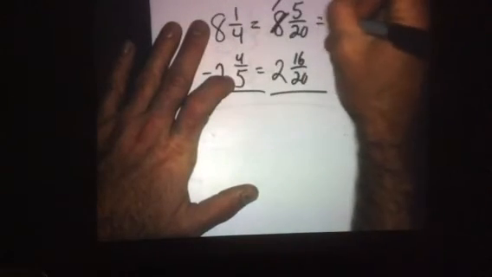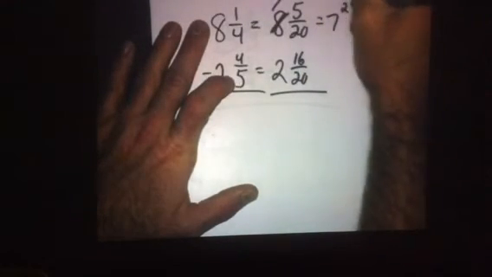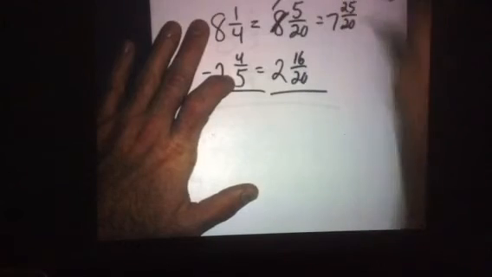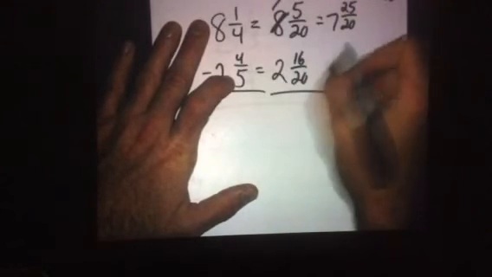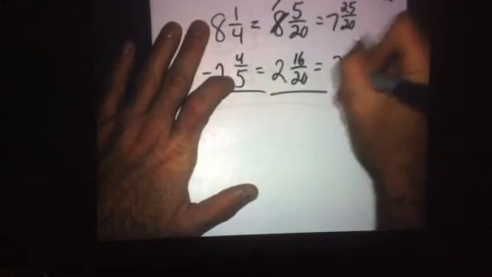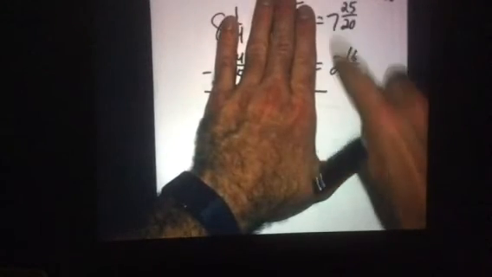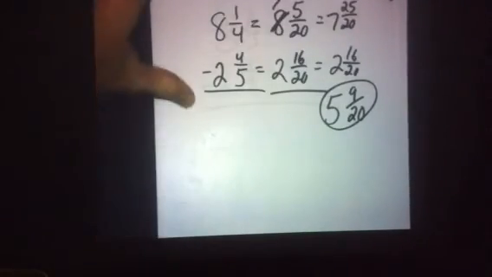So I can now rewrite this as 7 and 25 twentieths. And then again, I'm going to rewrite it just to keep it a little neater. I'm simply writing the same thing here. Now I can do my problem. 7 minus 2 is 5, and 25 twentieths minus 16 twentieths is 9 twentieths. So my answer is 5 and 9 twentieths.